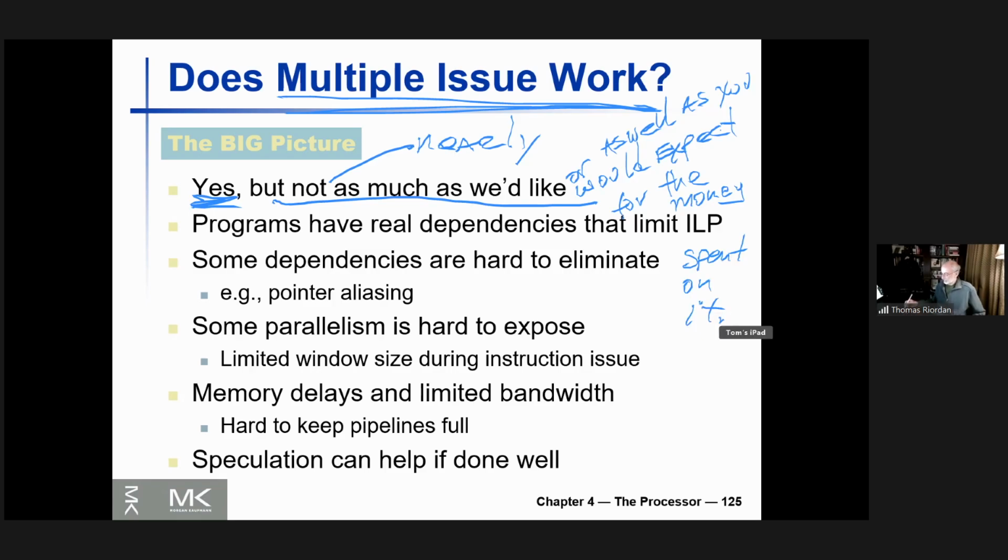Billions of dollars spent to get 2 to 3x performance, versus Moore's law, which has given us from 1 megahertz to 4 gigahertz over that same period of time. And that's a fair bit more than 2 to 3x. We're talking 1,000x. So if you have a choice of where to spend money, do you spend it on technology or spend it on multiple issue? I can tell you where you should invest. Don't invest in multiple issue.